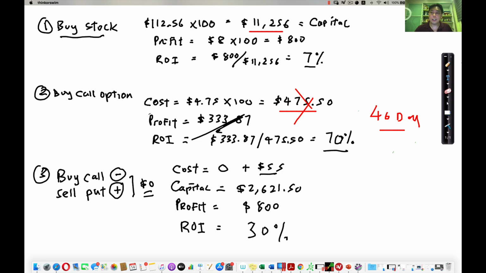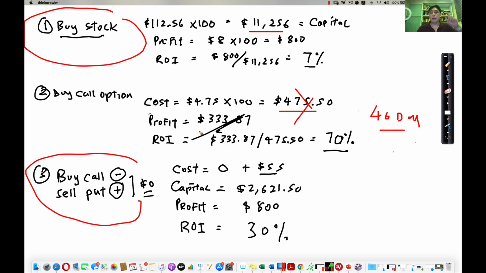Okay, so let's compare this method to buying 100 shares of stock. So again, if I buy 100 shares of stock, it will cost me $11,000 of actual money, right? But by using this method called a synthetic position, it will only require $2,000, right?